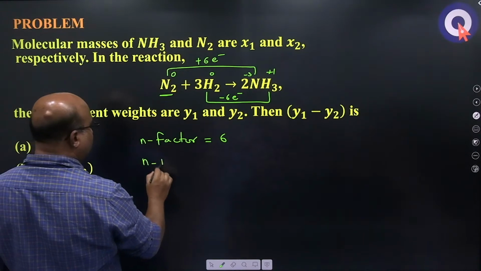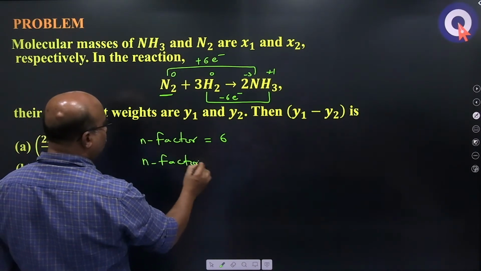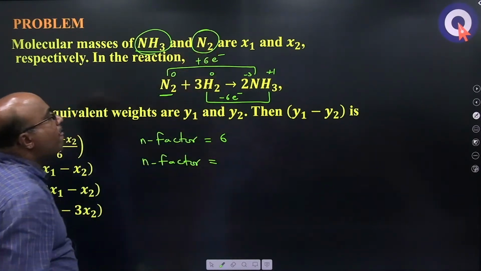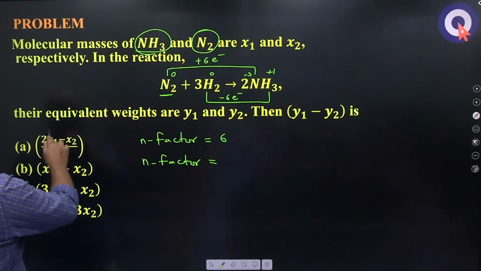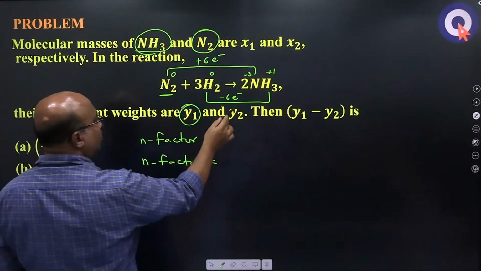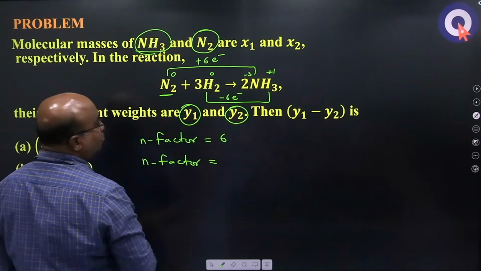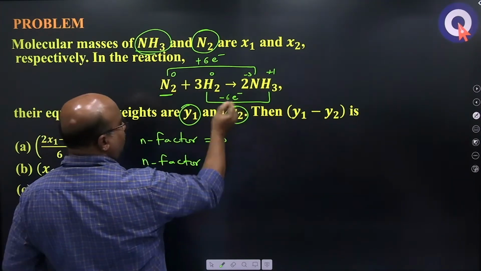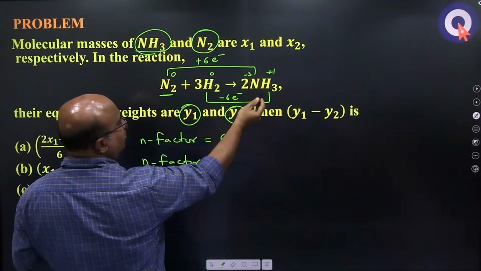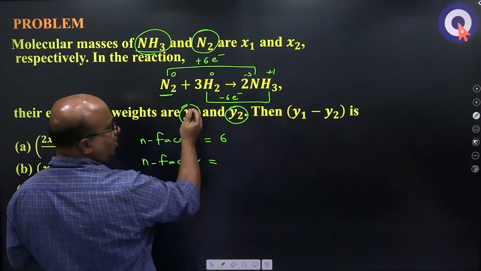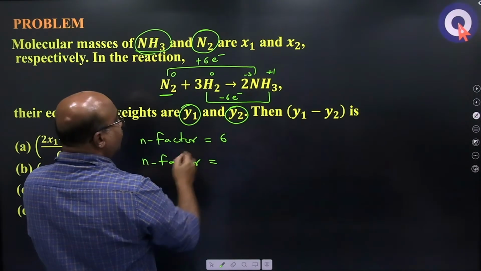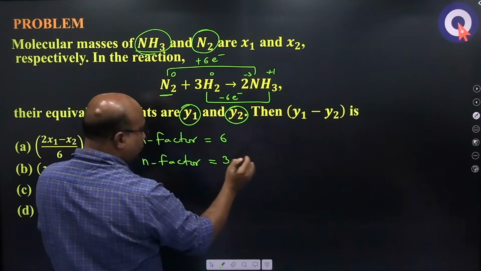And what is the N factor for NH3? Suppose we are only using NH3 and N2 in this, their equivalent weights are Y1 and Y2. So what is the equivalent mass of NH3? For 2 moles of NH3, 6 electrons are involved in the reverse process. So the N factor of NH3 is 3.